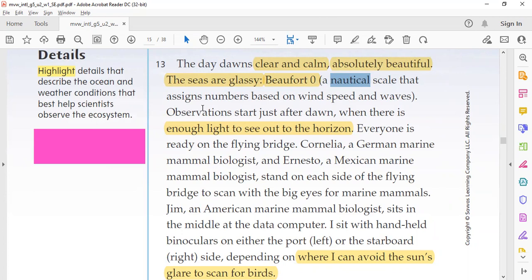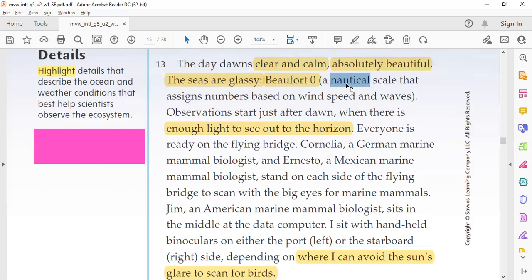I don't know what it's called, but it's not ocean. Where can we find the waves? In the ocean. So nautical is related to the marine. Very good.